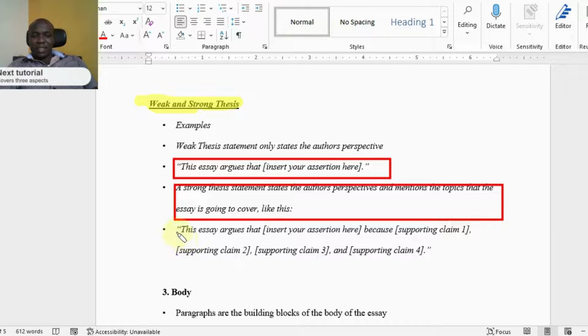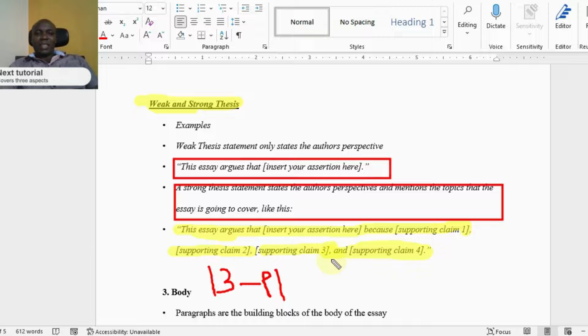For instance, I'll say this essay argues that, you insert your assertion here, because you again insert your claim 1, then claim 2, then claim 3, then claim 4, but make it 3 to be a 3-point thesis.